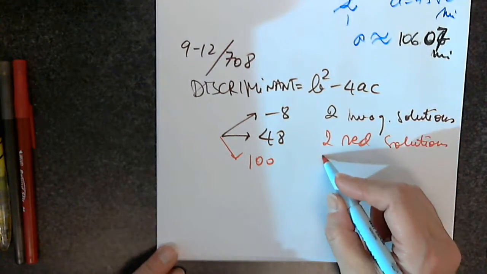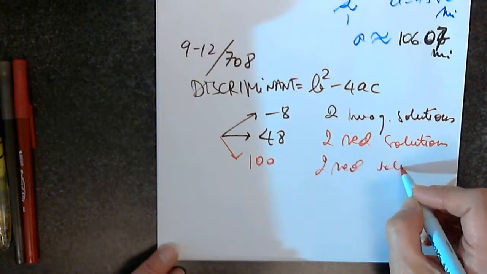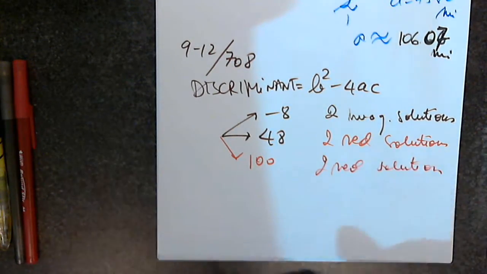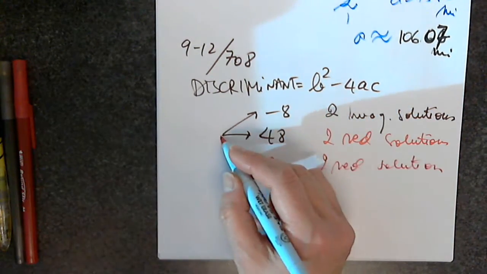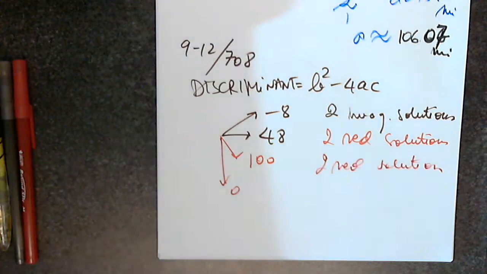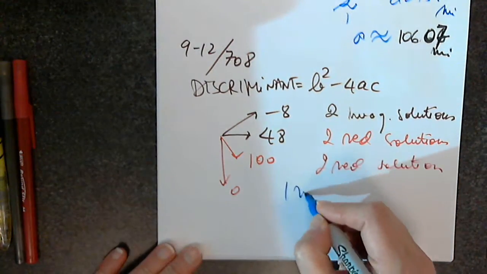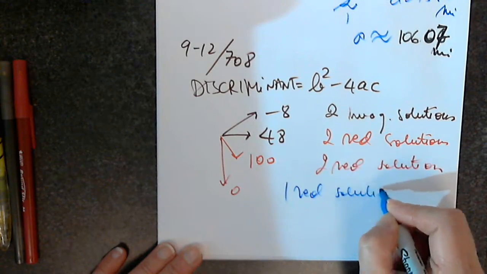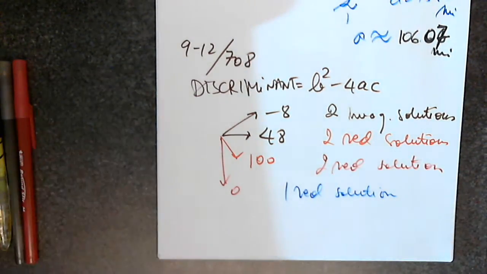So 100 is still the same thing, 2 real solutions. And what happens in number 12 when the discriminant is 0? 1 real solution, indeed. Good.